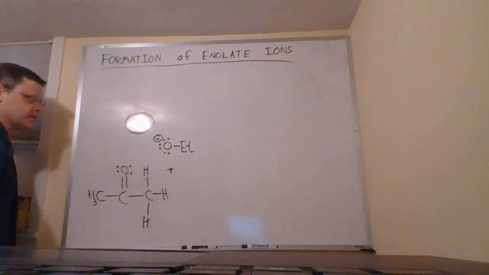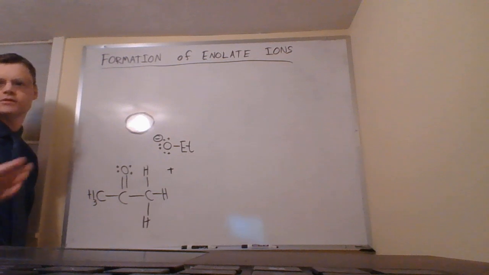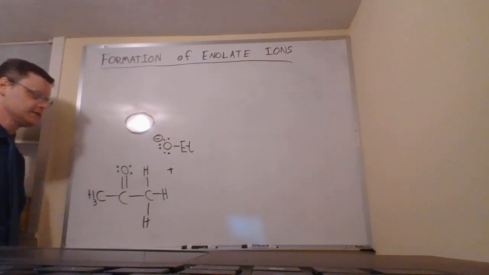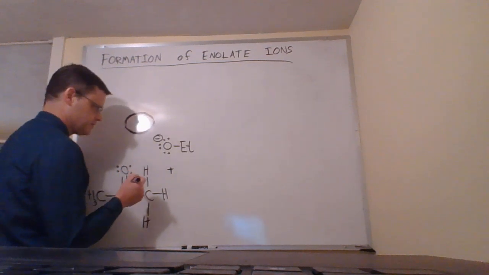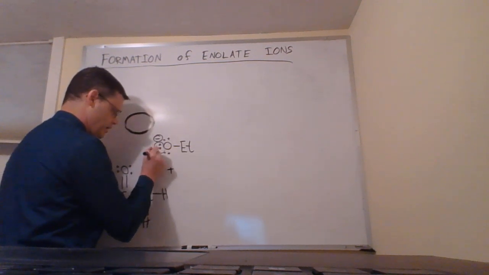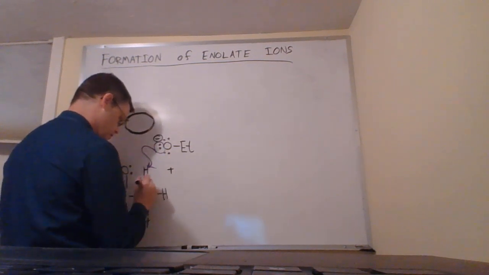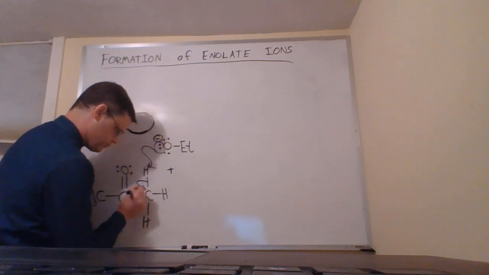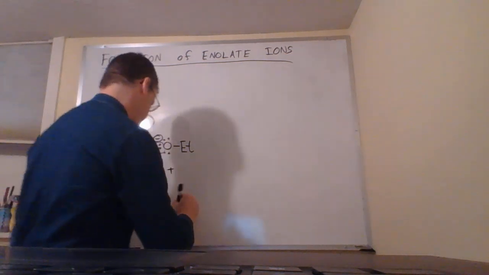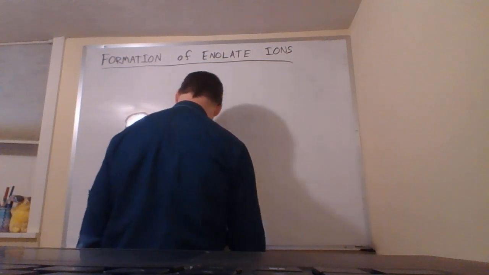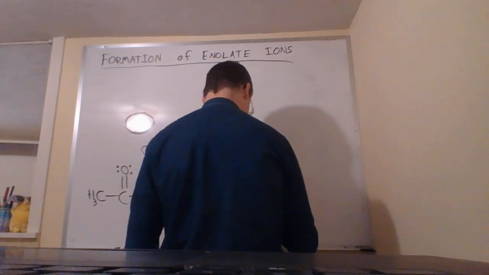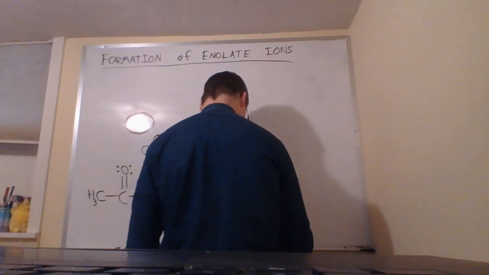So sodium ethoxide and sodium hydroxide are typical bases we'll see in these types of reactions. And this can do a proton transfer here where we remove that alpha hydrogen, and that is going to give us our enolate ion.